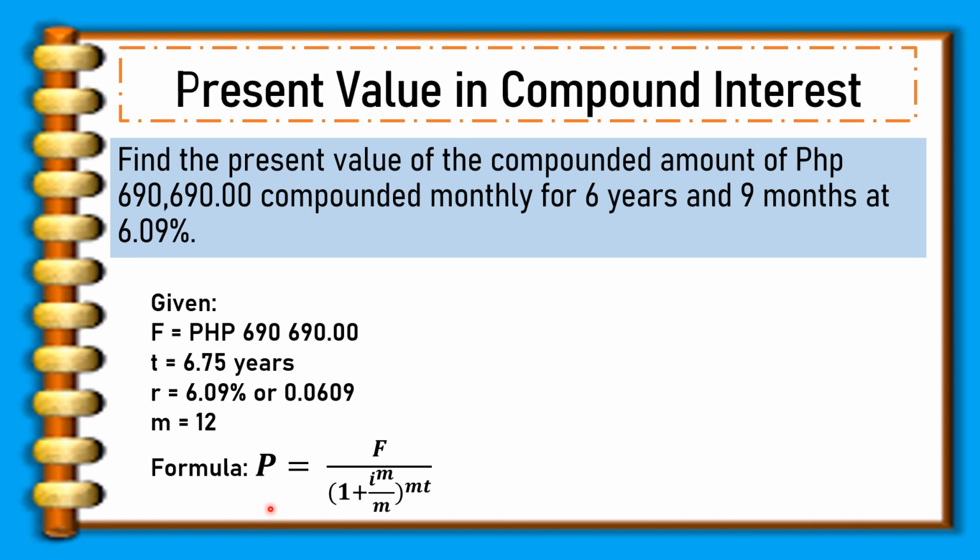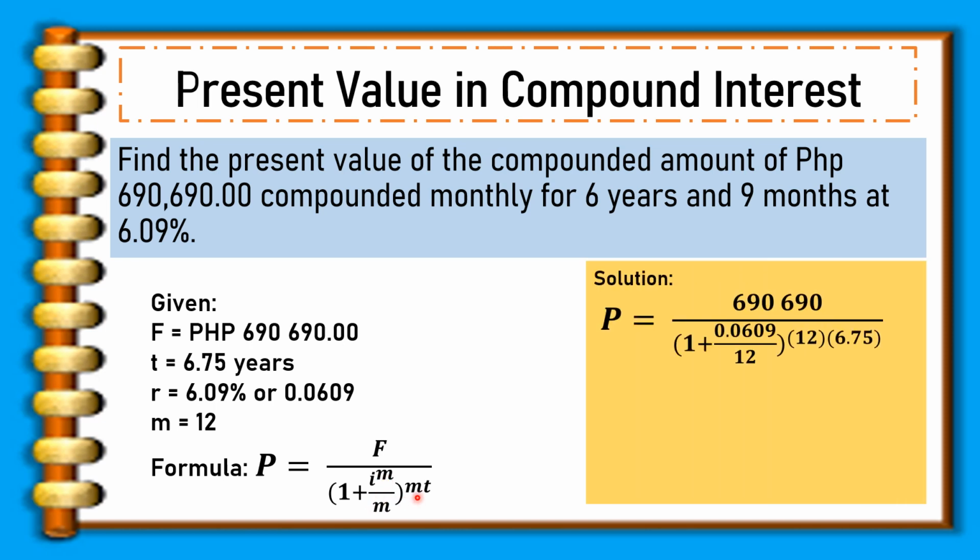The formula to be used is P equals F over 1 plus i raised to m over m raised to mt. Then replace F by 690,690 pesos, i raised to m by 0.0609, m by 12, and t by 6.75.